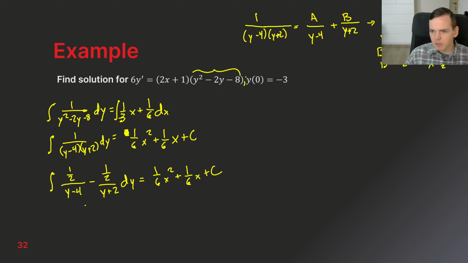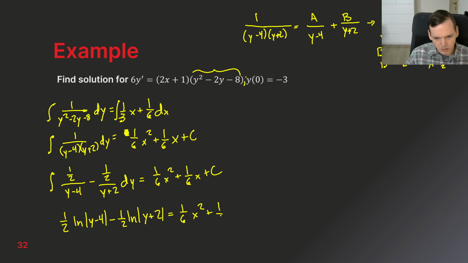If there's an error, please double check, pause here, look through all that, make sure that makes sense, and then let me know if you see a problem. Okay, coming back here, that means we get 1/6 ln of y minus 4 minus 1/6 ln of y plus 2 is equal to 1/6 x squared plus 1/6 x plus c.